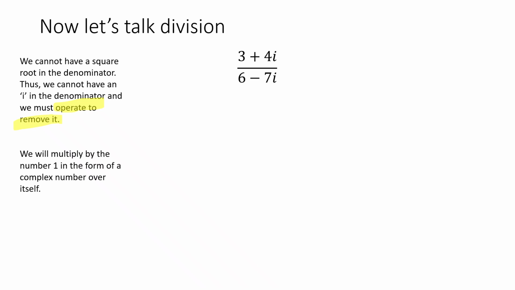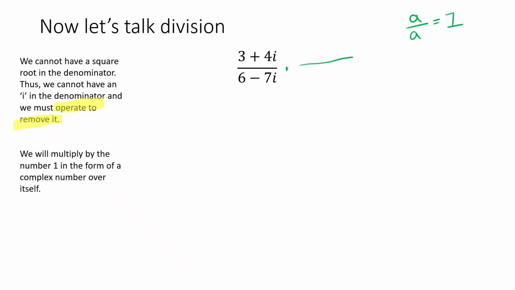Anything except for 0, and we're just not dealing with 0 right now, anything over itself is equal to 1. If I take that fraction and multiply it by the number 1, I will get an equivalent fraction. So I am going to multiply by the number 1 in the form of something over itself.